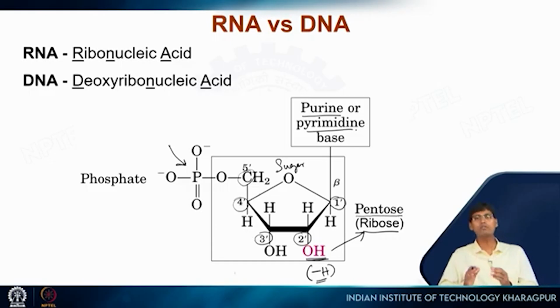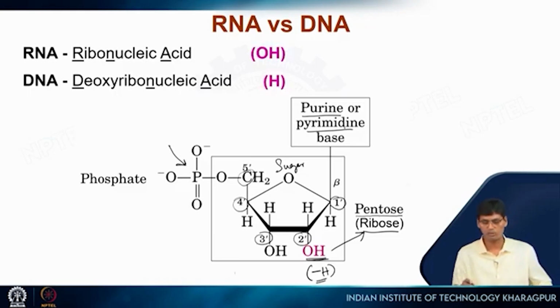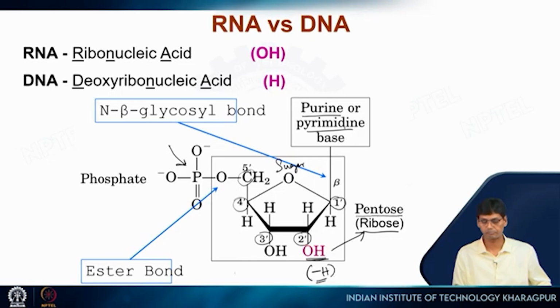So, just to distinguish the nitrogenous bases, purine and pyrimidine, from the sugar, we say 1 prime, 2 prime, 3 prime, so that we can discuss in a better way. The carbon numbers in purine and pyrimidine are just plain 1, 2, 3, 4, 5. Let us see in the next step what is there.